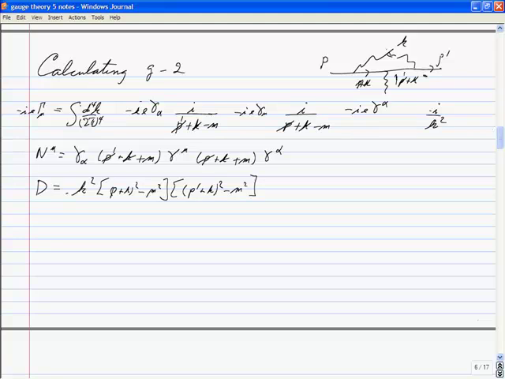The goal, the best way to do this is to use the Gordon decomposition. What we're going to do is rewrite the general matrix element, u bar of P prime. We're going to use it in reverse. I'm going to get rid of sigma mu nu.